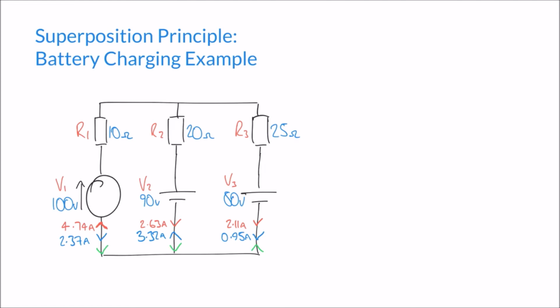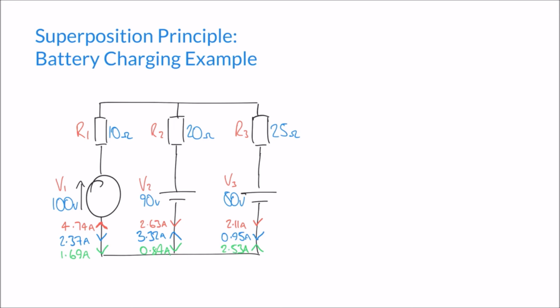And we found that it was 2.53 amps that split into 1.69 amps and 0.84 amps. So you'll find that I've done two things. First of all, I've put all my values on the same diagram here, but I've taken into account their direction.